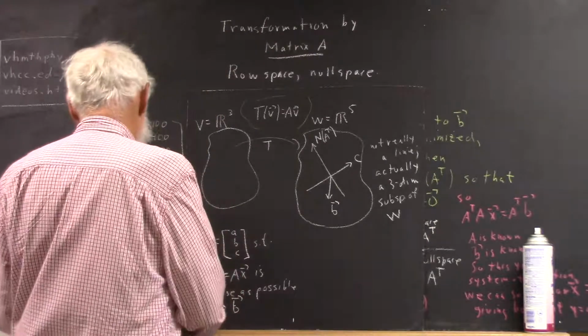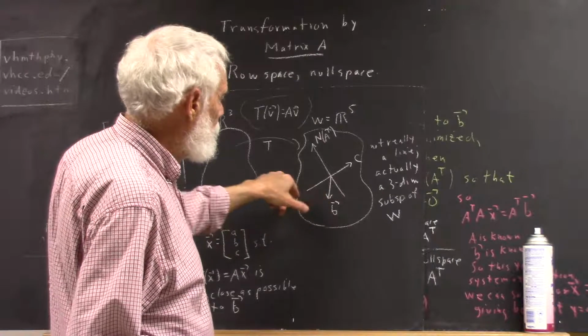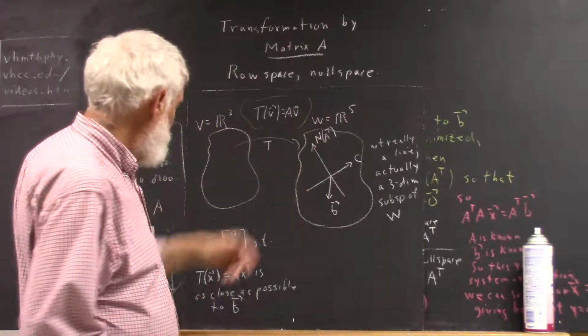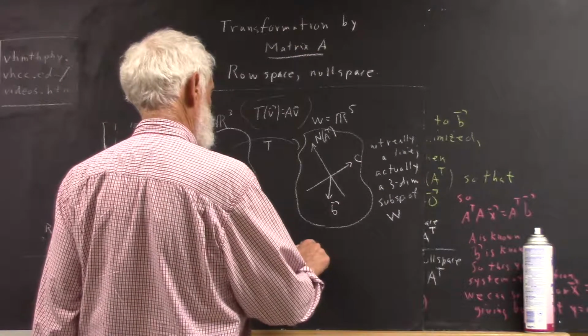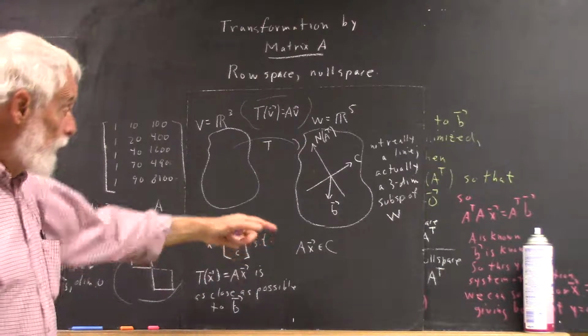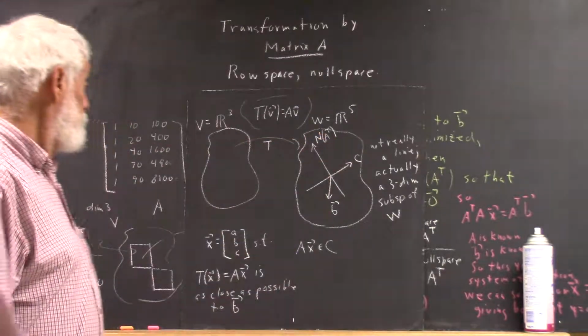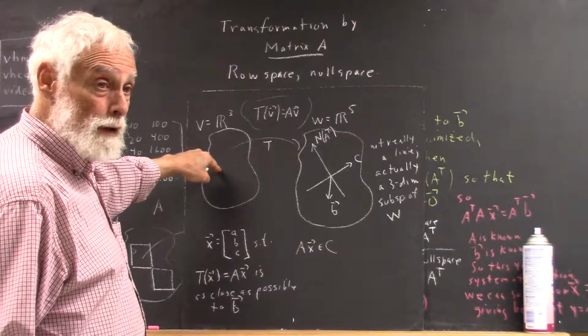Now, the AX over here that's as close as possible to B, well, AX has to be in C. Okay, AX is a vector in C. Because of why? X is a vector over here.